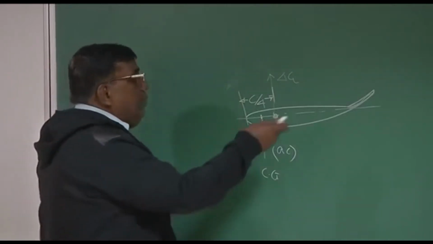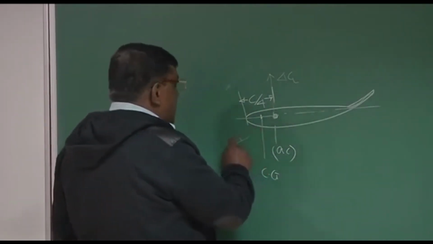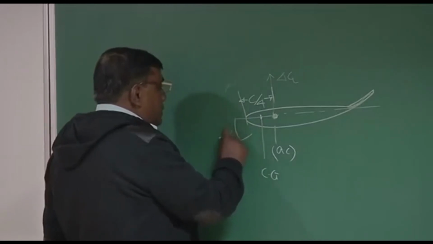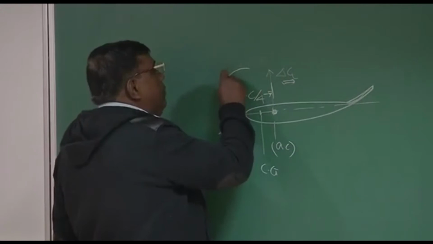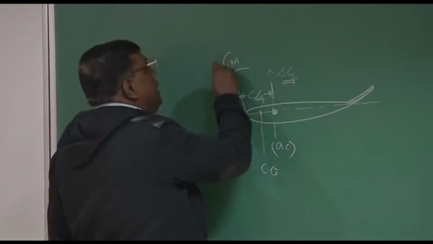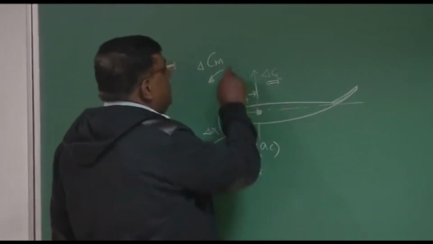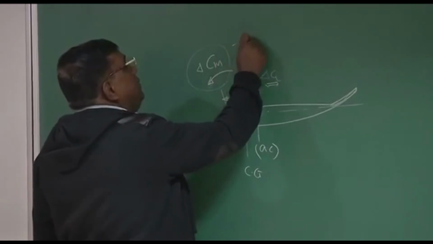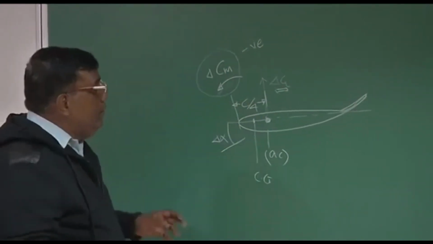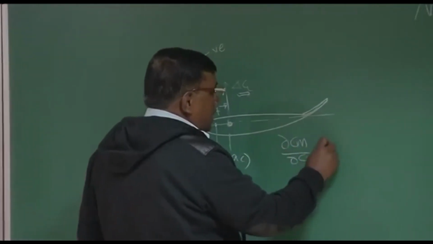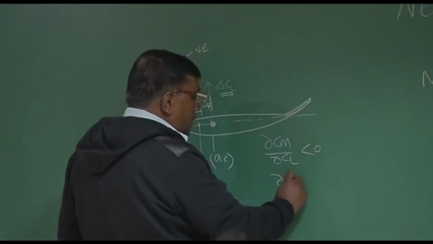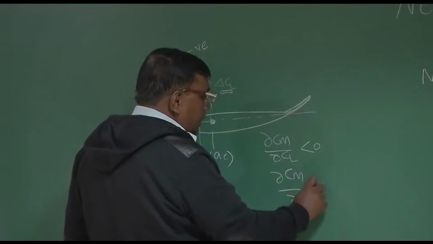Okay? And from the definition point of view, if there is a positive alpha there is a delta CL, which gives you nose down moment. So I say delta Cm. You could see that because delta Cm is negative, nose down is negative. So again here, dCm by dCl is less than 0, or dCm by d alpha is less than 0.